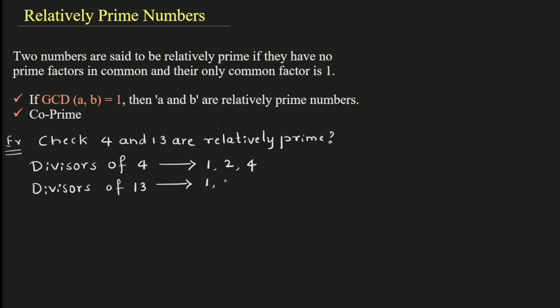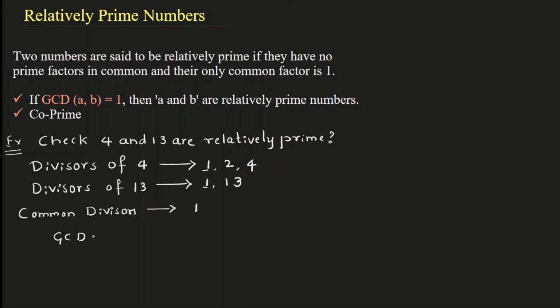Divisors of 13 are 1 and 13. Now among these, what are the common divisors? Among 1, 2, 4 and 1, 13, the common divisor is only 1. So the common divisor is 1.